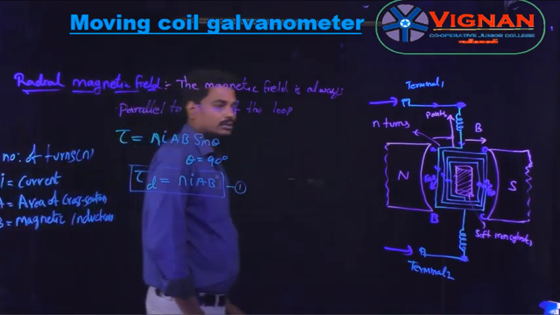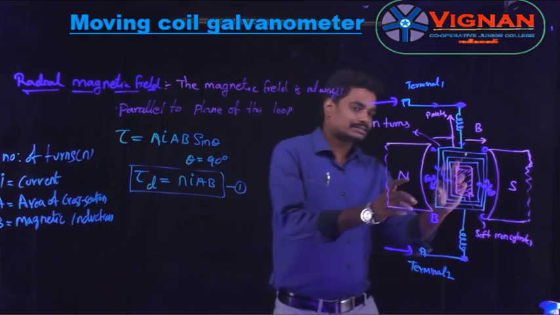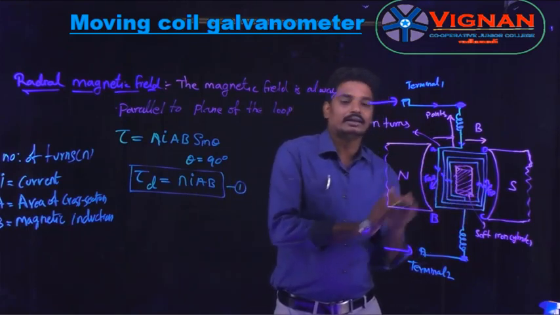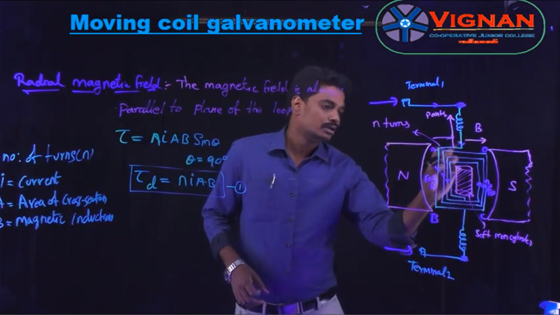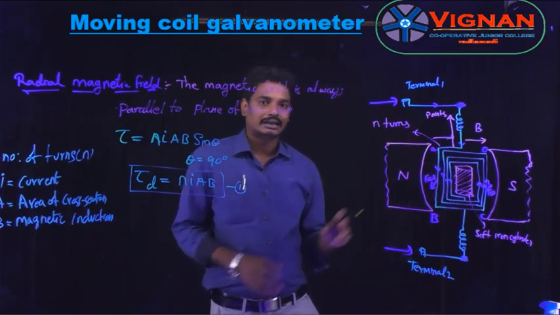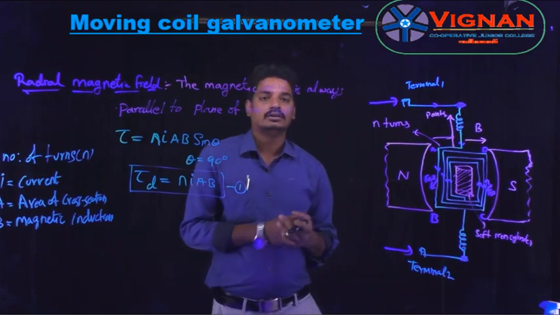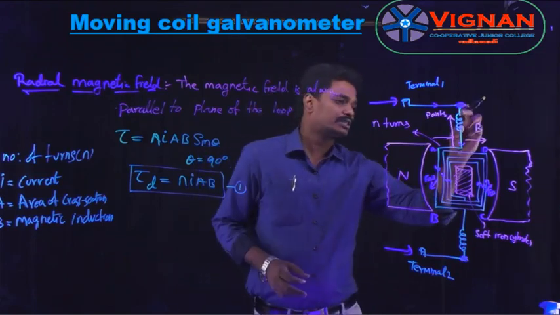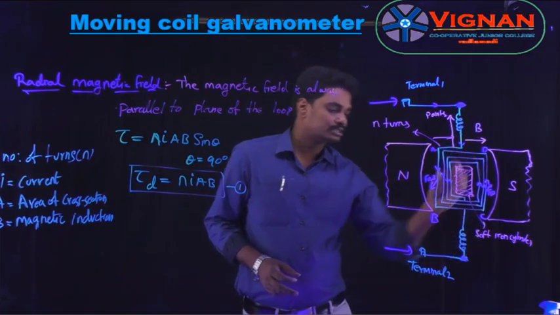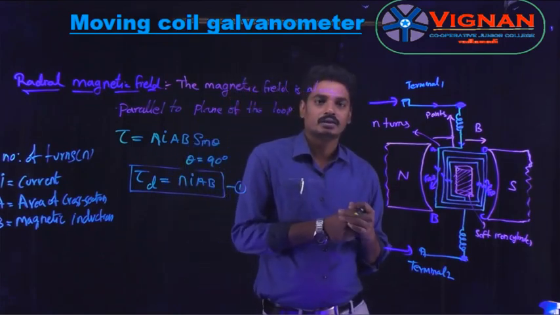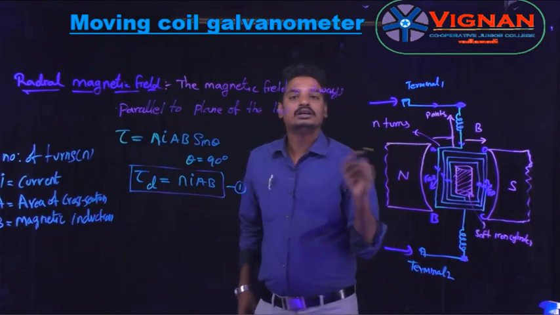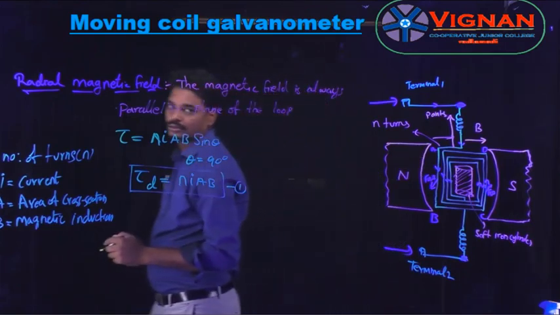Now when this cylinder is rotated or deflected due to the current flowing in this rectangular loop, the springs connected to both ends of the loop are twisted such that some restoring torque is generated.